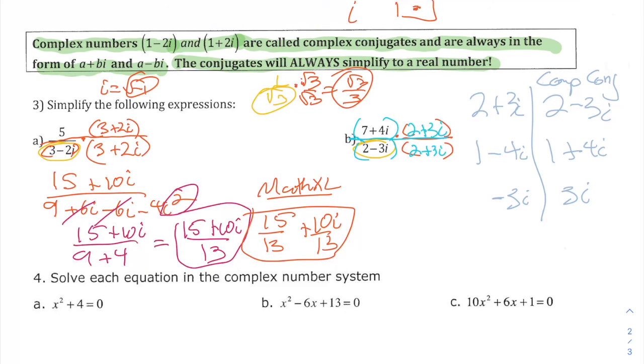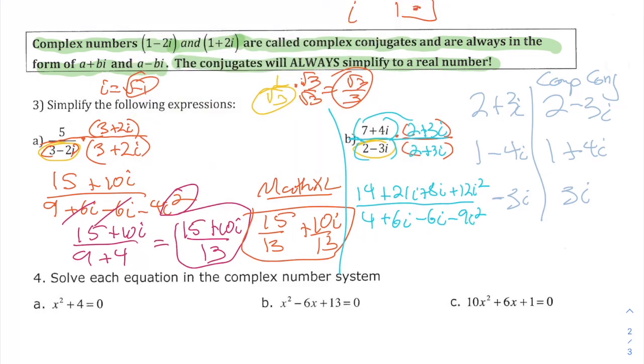But we're not in person, so I'm going to show you how to do it by hand. So that's 14 plus 21i plus 8i plus 12i squared over 4 plus 6i minus 6i minus 9i squared.